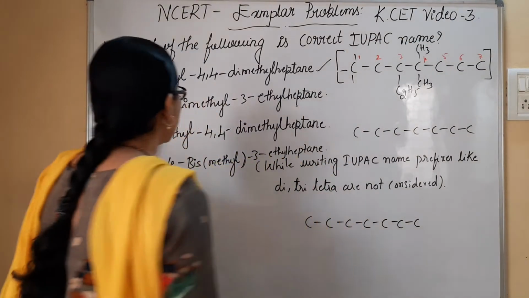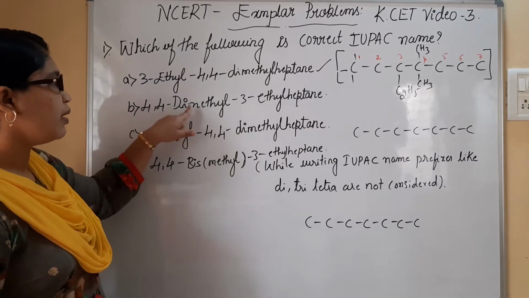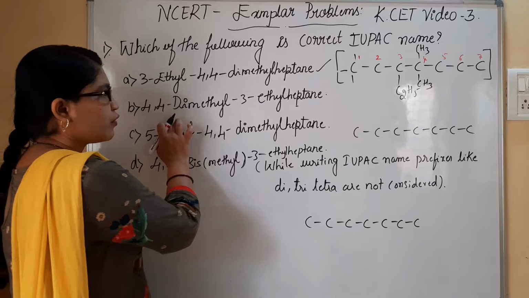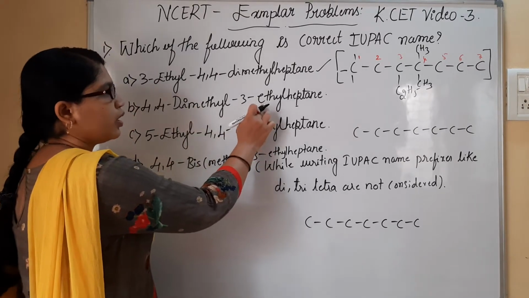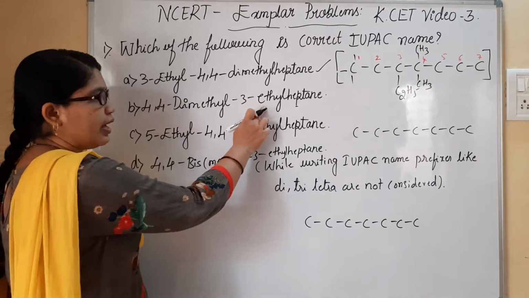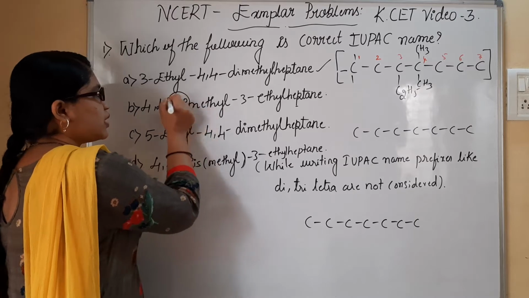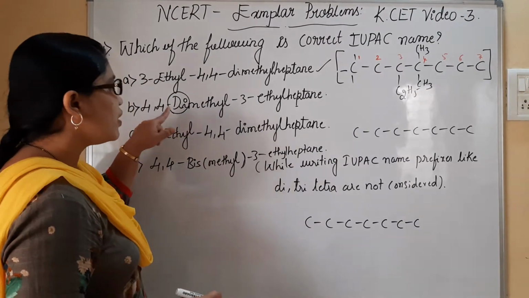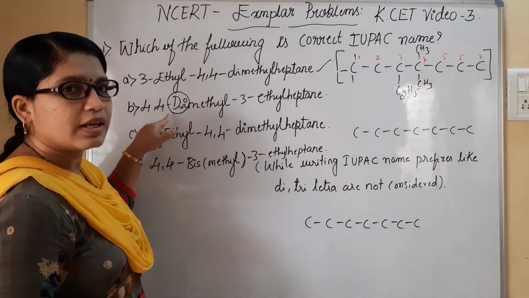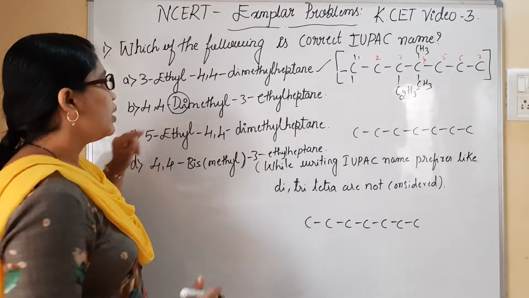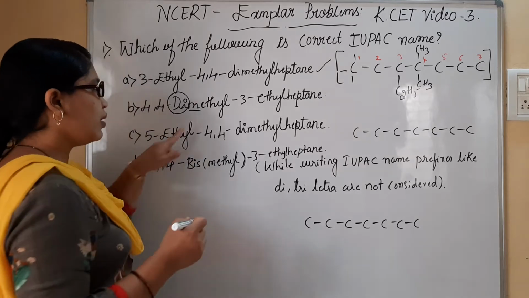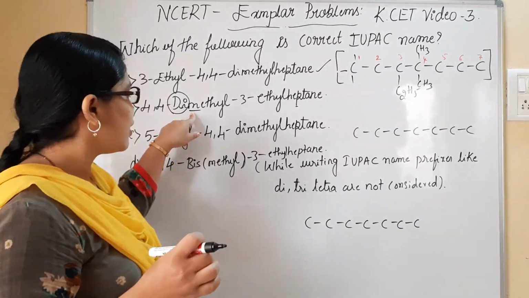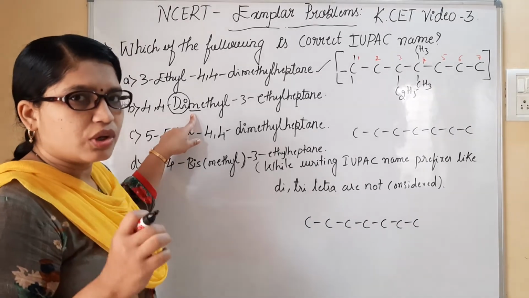Fine. Then you can see here 4,4-dimethyl 3-ethyl heptane. Here D comes first, D will be coming prior to E, but we do not consider this di, which is considered as a prefix. This prefix will not be considered while naming the organic molecule. Only the alphabet present at the first of the name of the molecule we have to consider.